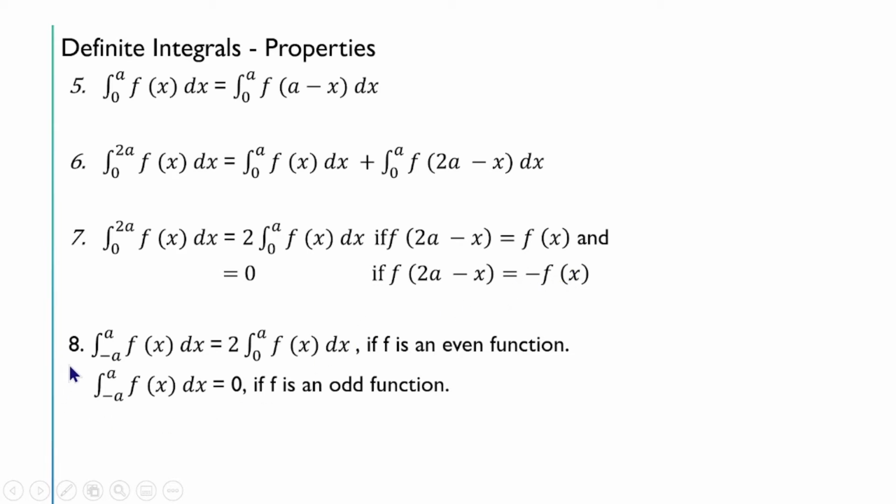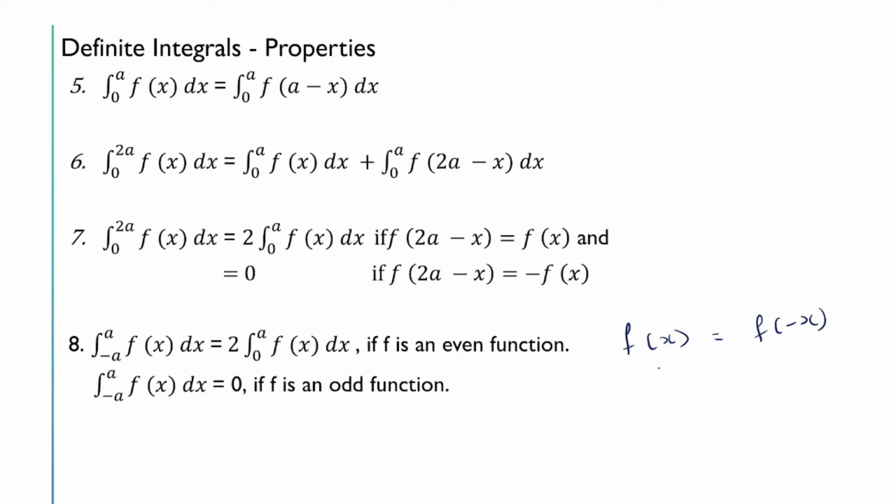Then the next property, integral minus a to a f of x dx is equal to 2 times integral 0 to a f of x dx if f is an even function. An even function is nothing but if we have f of x equal to f of minus x, then such functions are called even functions.